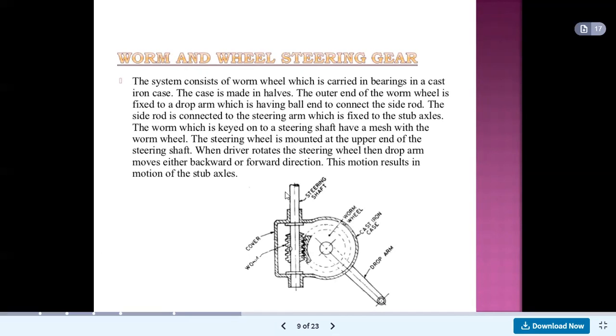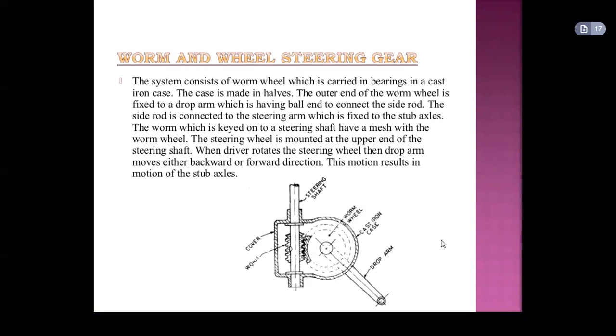As the steering shaft rotates, the worm, which is fixed to the steering shaft, is also rotating. As the worm rotates, it is connected to the worm wheel, and as the effect of the worm turning, the worm wheel also rotates.